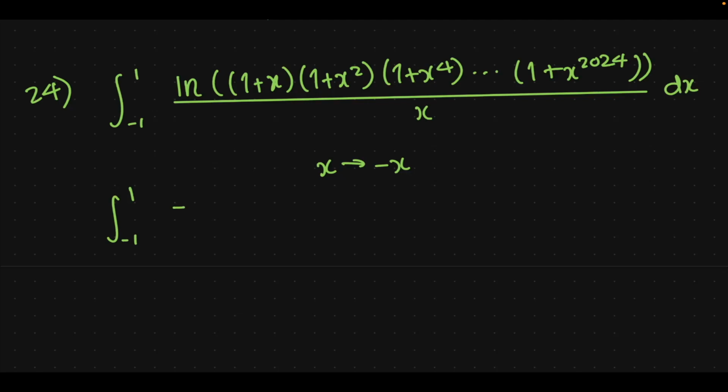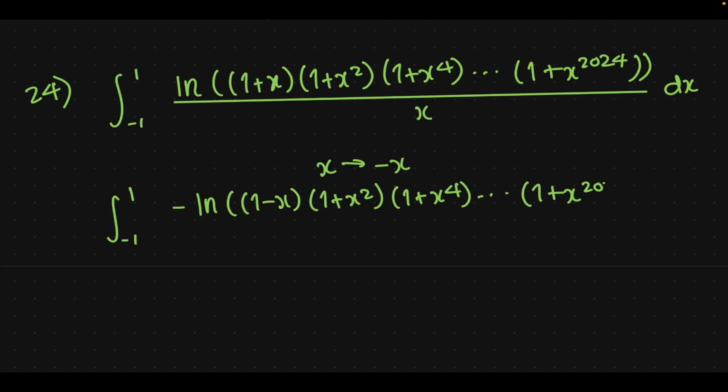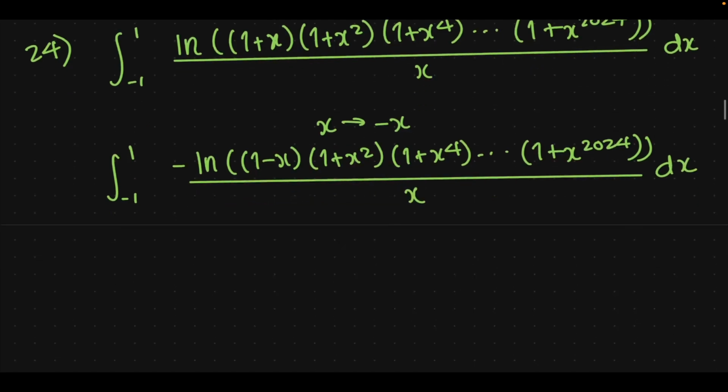So we have a minus ln. Now we have 1 minus x. The rest, the other even powers are not affected. Just the first term gets a 1 minus x. Divided by x dx. So the minus sign from the dx is gone to fix the integrals, but there's one extra minus sign from the denominator, which is the imbalance minus.